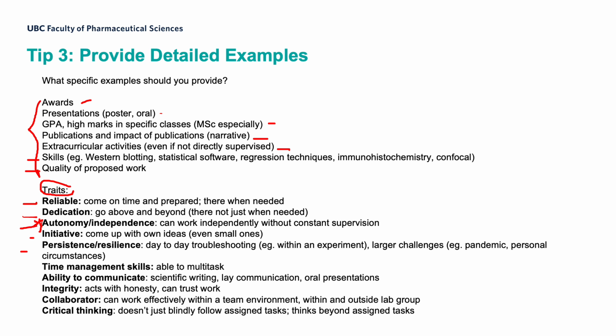Initiative, persistence, time management skills, communication skills, integrity, collaboration skills, and also critical thinking skills. What I tend to do is make a list of all of these traits and some of the list of awesome, and then provide detailed, concrete examples to your potential reference.